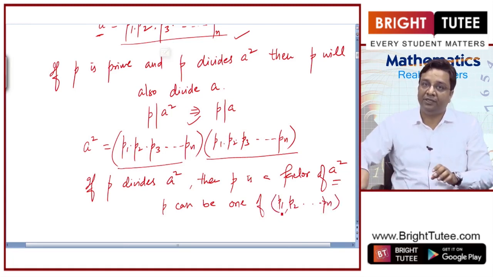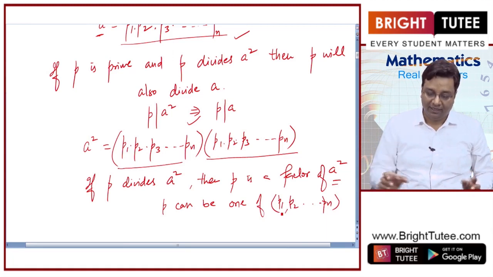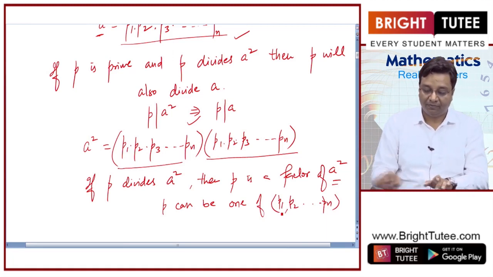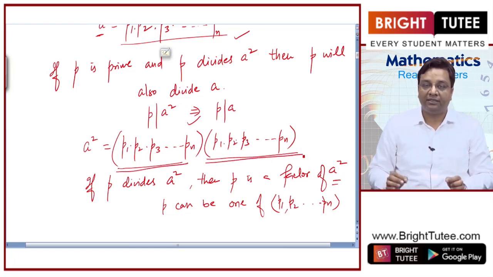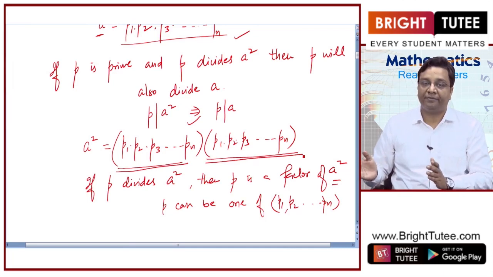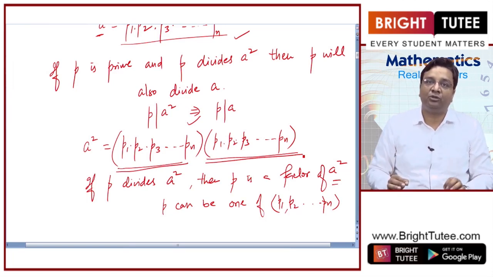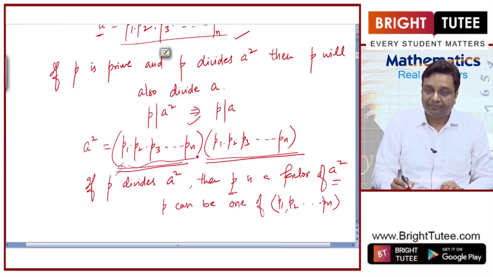Apart from these P1, P2, Pn, there is no other prime factor of A square, right? This bracket is written 2 times. Both the brackets consist of P1 into P2 into P3 up to Pn, right? So if something has to be a factor of A square, it has to be from these 2 brackets. Okay, so P can take, let us say, any value out of these.